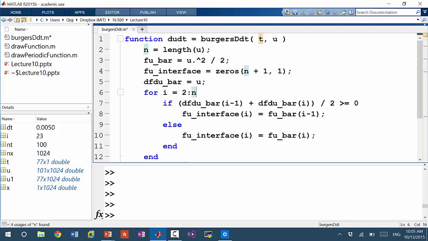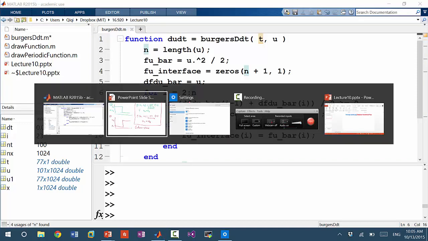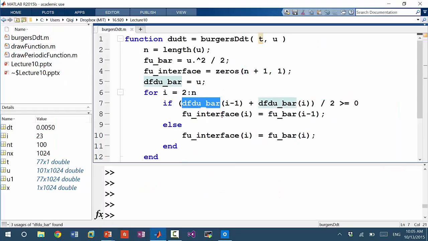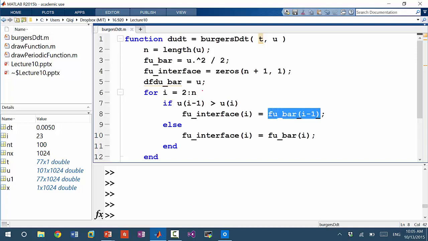So we have the two cases, according to our PowerPoint slide, if UL is larger or UR is larger. So here, we are just going to say, okay, if U I minus 1 is greater than U I, then the interface flux should be, what is that case?